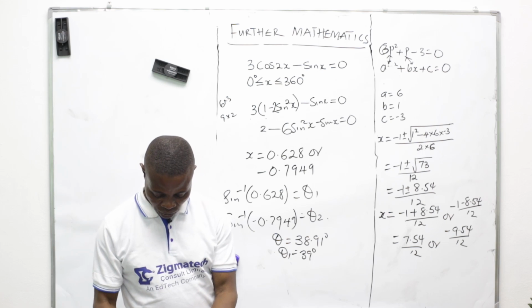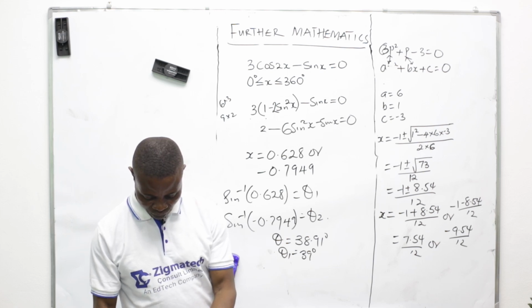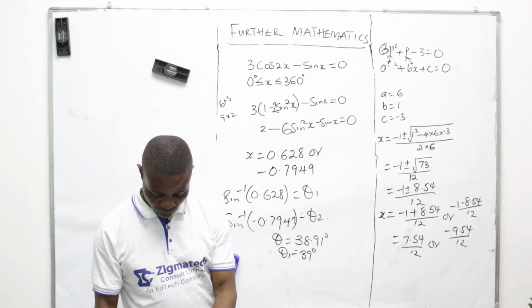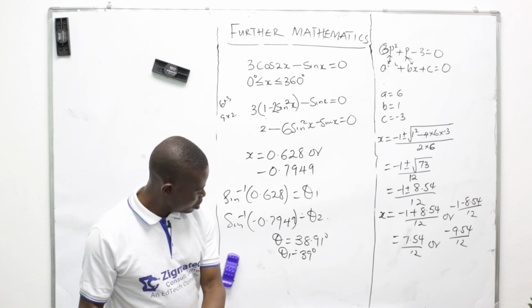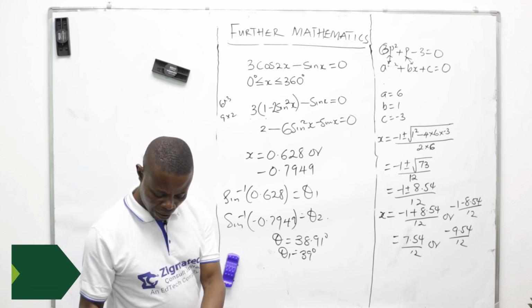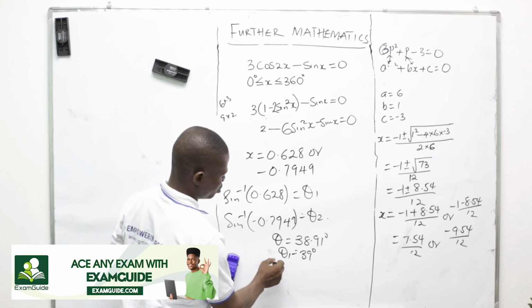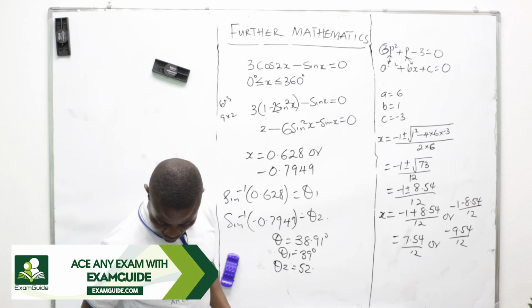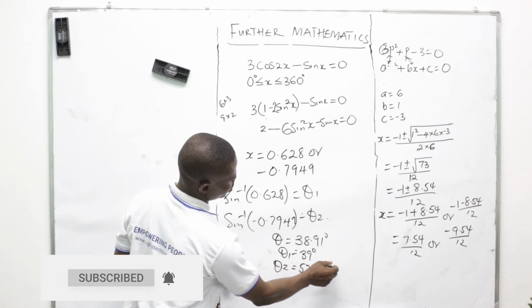And theta 2, sine inverse of 0.7949, gives us 52.68 degrees.